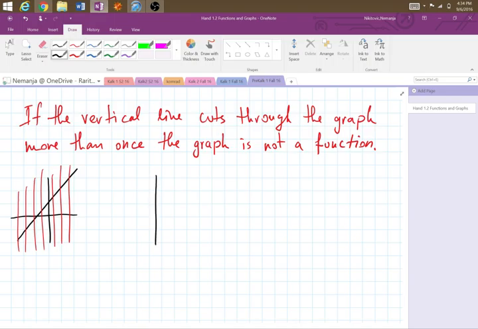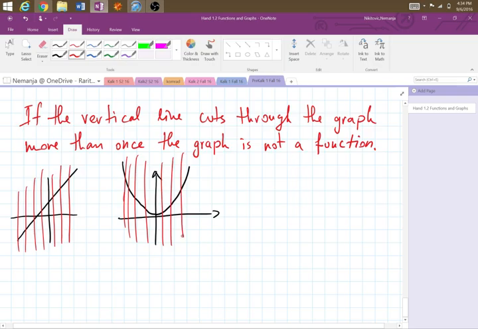Another example, we can have our U shape. And if we draw vertical lines everywhere, the first one, pass. Second one, pass. Because every time and anywhere you draw these vertical lines, they are cutting through the graph exactly once.